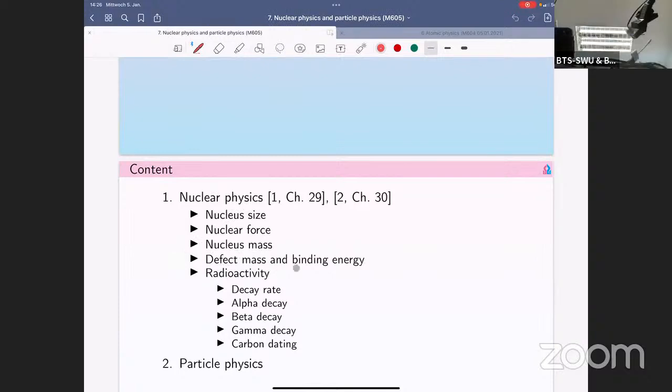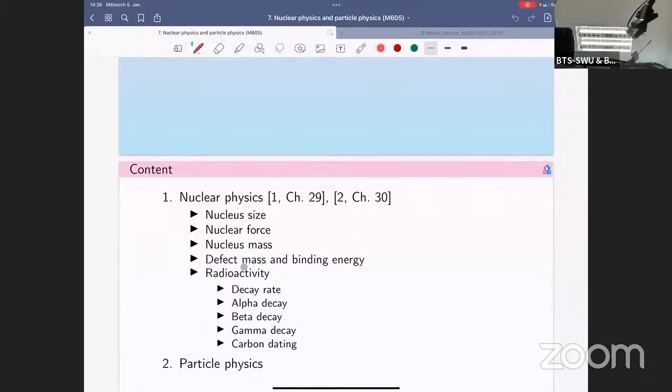Defect mass is the mass that is missing, and the binding energy, because the defect mass is converted to a binding energy. Binding energy is the energy that tries to keep several types of particles together in the nucleus.